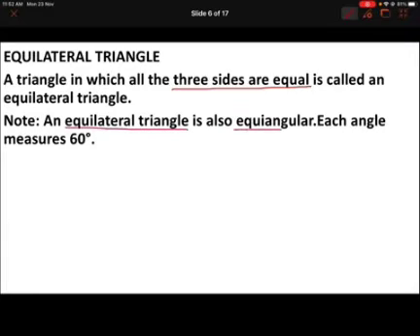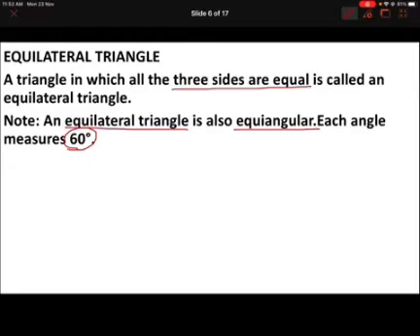So, equilateral triangle is also called equiangular, meaning all angles are also equal and each angle measures 60 degrees, children. Do you all agree? Please recall the second property that we have learned.